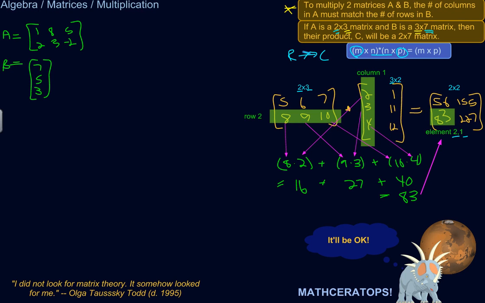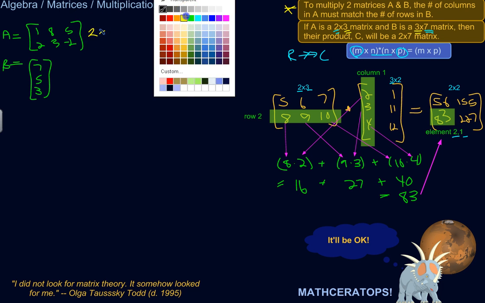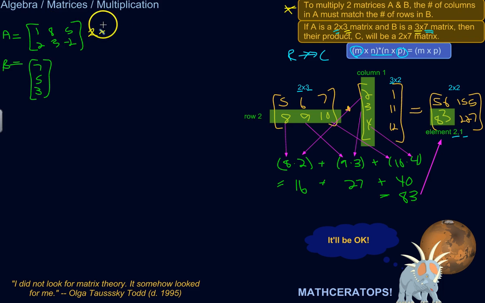Okay. All right. So let's try it on a real example here. I've got matrix A, matrix B. So let's see what their dimensions are. So I've got 2 rows by 1, 2, 3 columns, and then I've got 3 rows, 1, 2, 3, by 1 column. Okay.